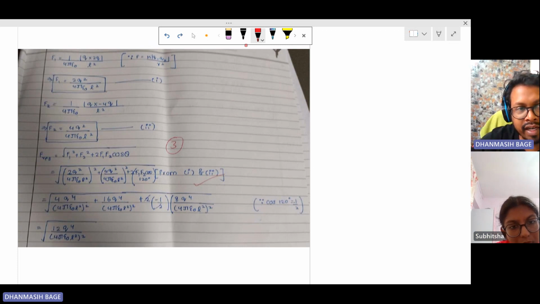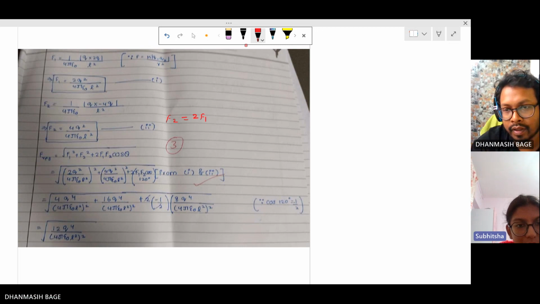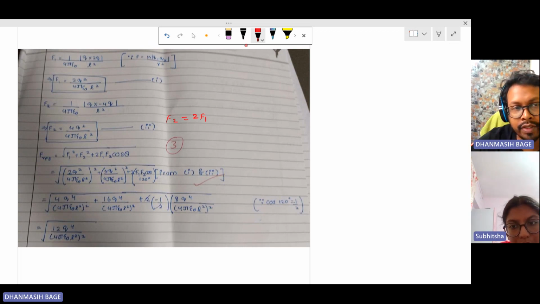Just see that. Is there any relation between F1 and F2? Can I write F2 is equal to 2F1? Yes, sir. So in that case, write F2 in terms of F1 and get the answer in terms of F1 squared.